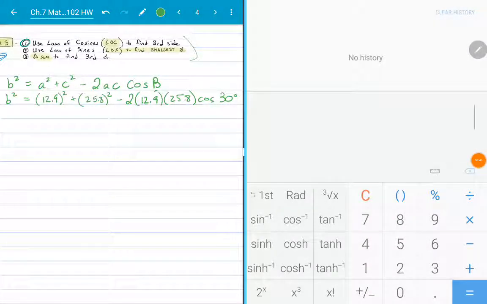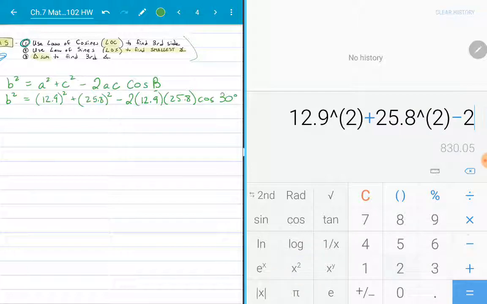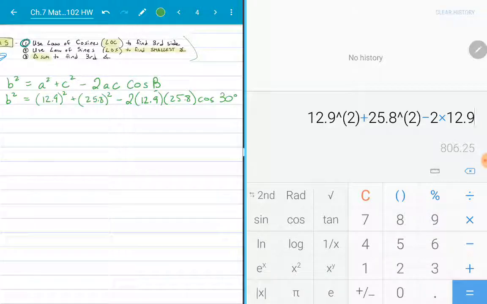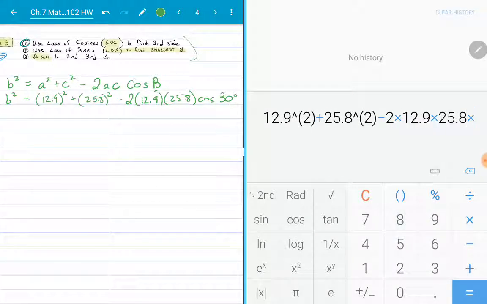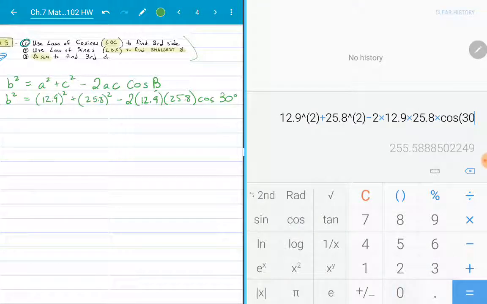Okay, and then I'm just going to punch that into my calculator. 12.9 squared plus 25.8 squared minus 2 times 12.9 times 25.8 times cosine of 30.